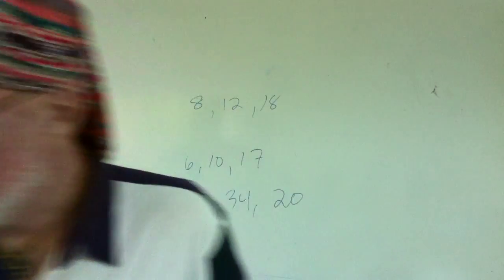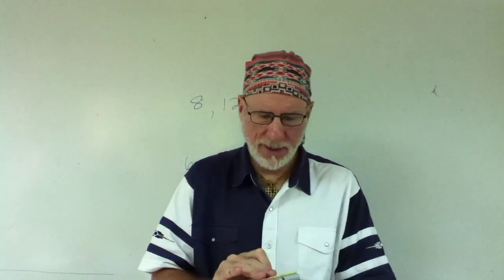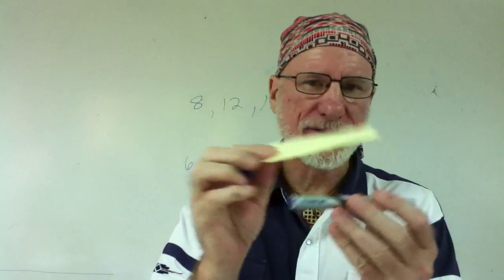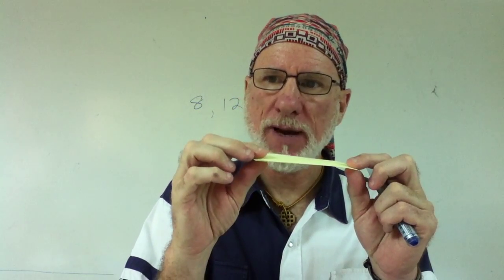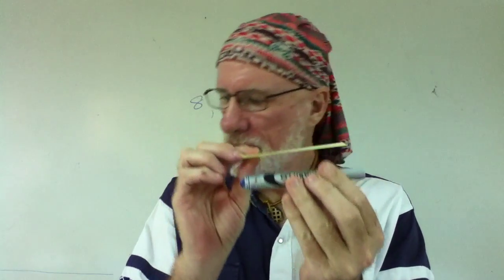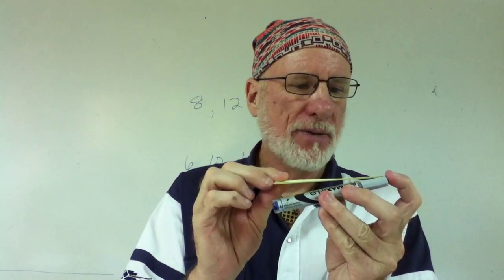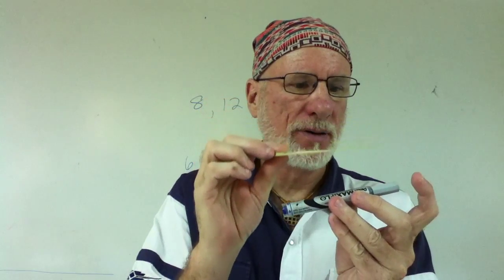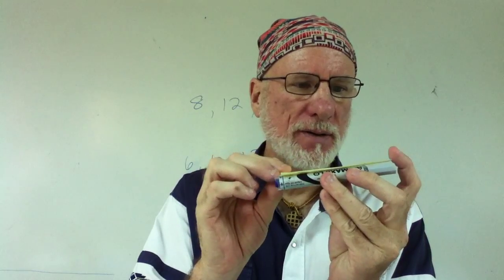Let's say we have, think of it this way. Here we have a piece of paper, right? This piece of paper represents the sum of the two smaller sides, correct? This marker represents the longest side. Now, I'm going to make sure that both ends of this paper are on the longest side.